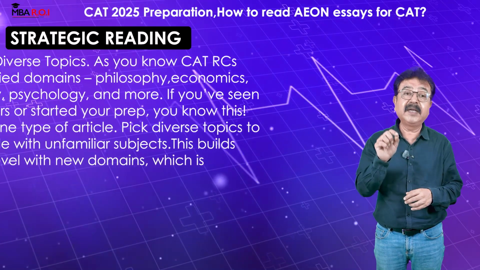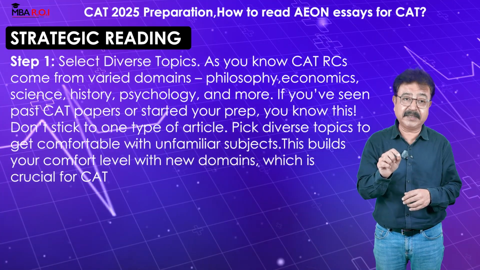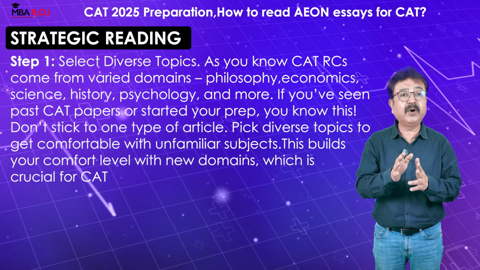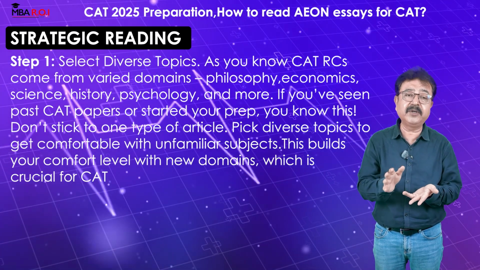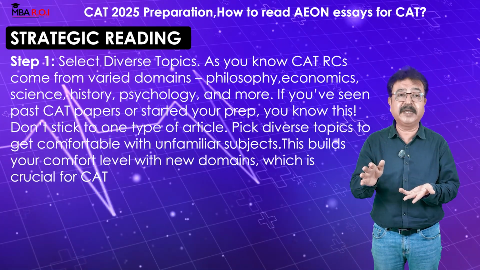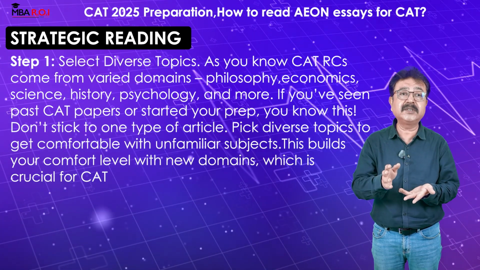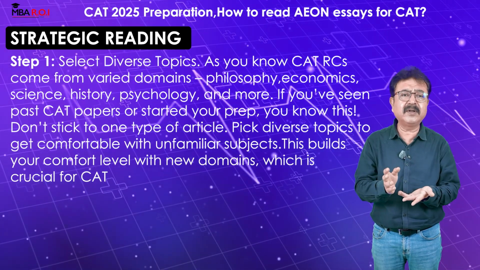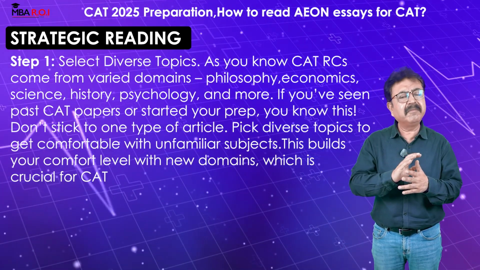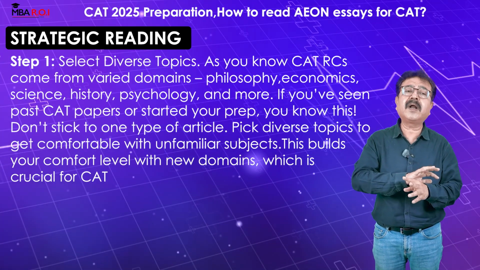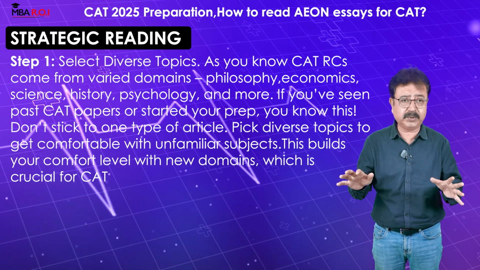Step 1. Select diverse topics. As you would understand, if you have seen the old CAT papers or have started your preparation, CAT RCs come from varied domains: philosophy, psychology, sociology, international relations, business, technology, science, a lot of things, right? So AEON essays also cover a wide range of issues.